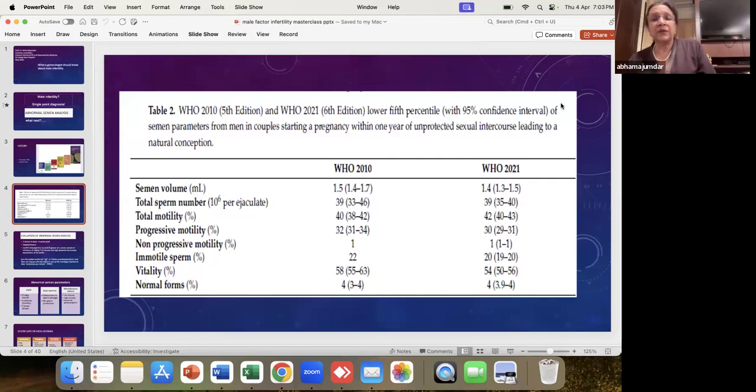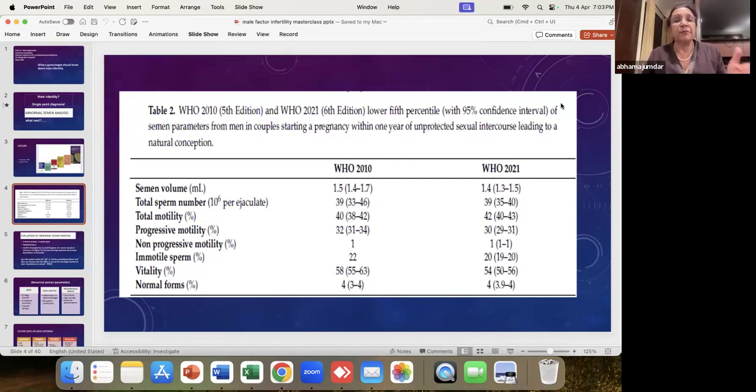So if you take it in 1.5 semen volume, then it will come down to 15 million. Total motility was 40, is 42. Progressive motility was 32, is 30. Immotile sperm was 22, is 20. And vitality 58, 54. So it is almost the same. So we used to take 18 and now we take 15 as the normal semen analysis.